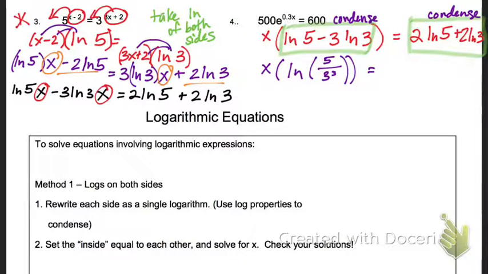And I'm going to condense the right. What goes on the top? 5 squared and 3 squared, right? No, they're all together. Sorry, they're all together.